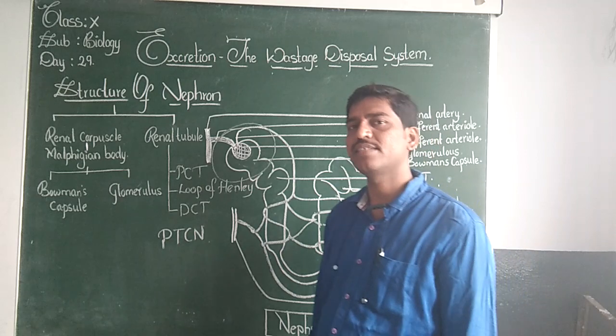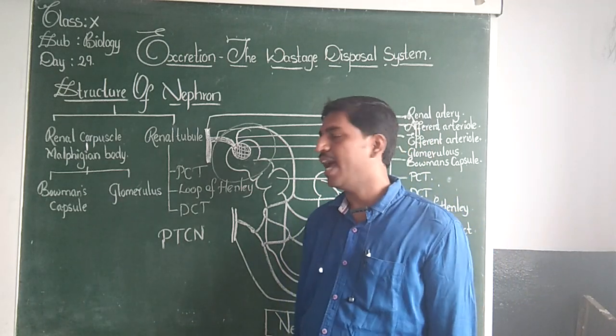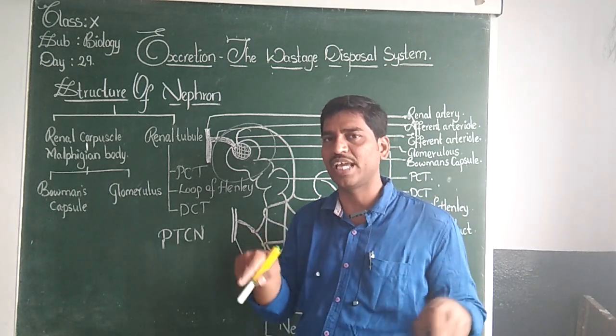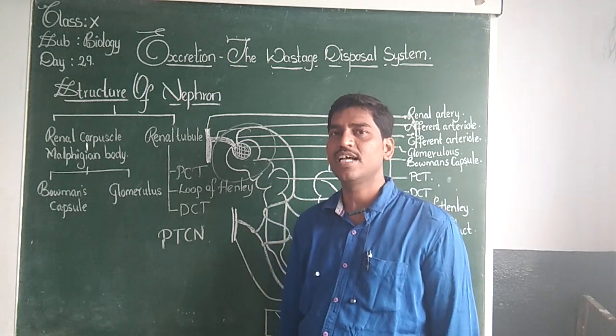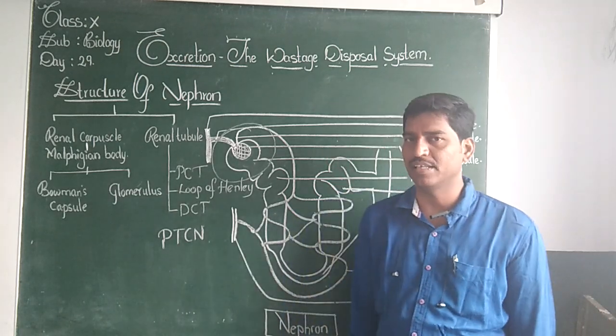This inner surface is made up of a single layer of epithelial cells, and these cells are squamous, flat-shaped structures. It is made up of squamous epithelium.